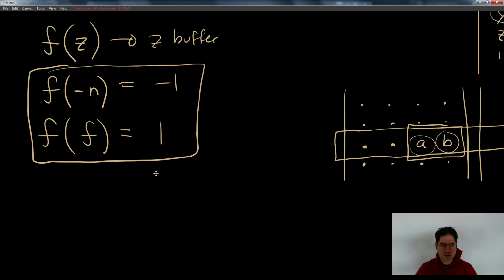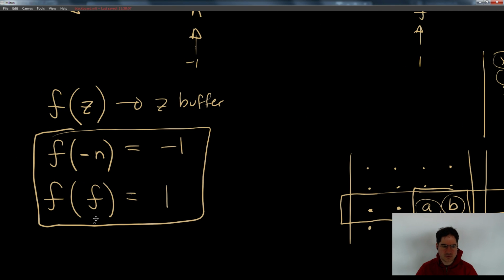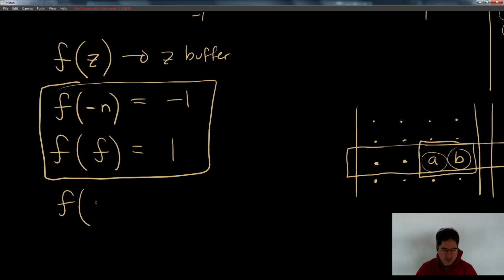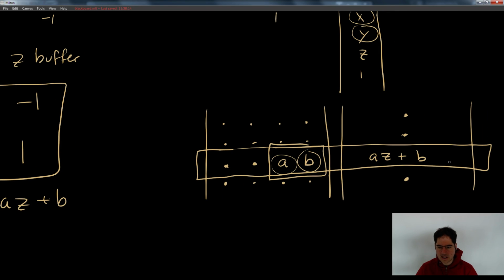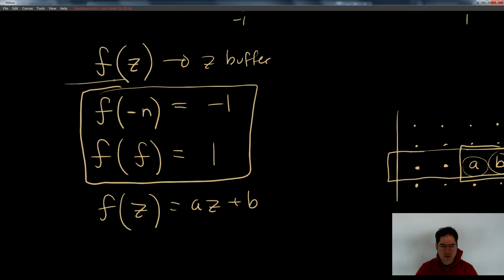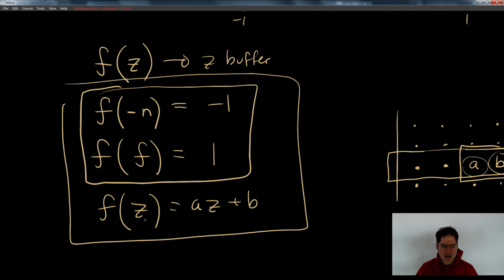What that means is we know that the structure of this function is f of z equals az plus b, right? Because that's all I can do. So now, what do I have? I have the structure of the function, f of z equals az plus b, and I have the 2 points that I know have to be true.